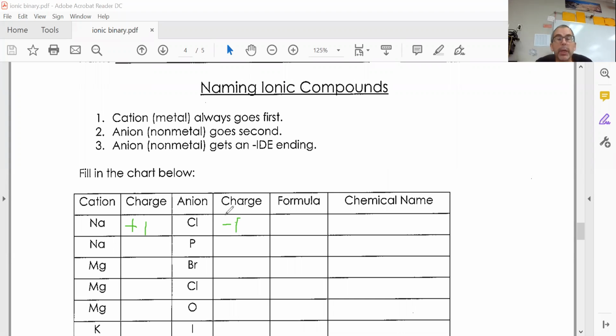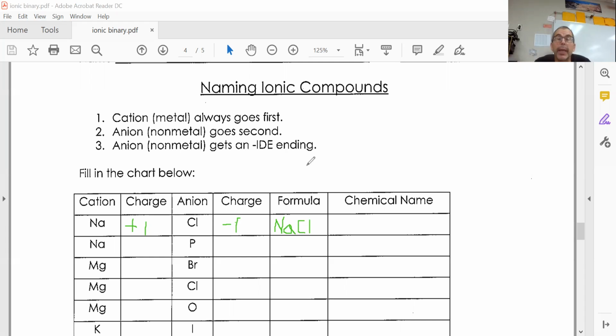Well, if I have a +1 and a -1, that cancels out. So we're going to come up with the simplest ratio here and just call it NaCl, and that would be sodium chloride. A +1 and a -1 balance out exactly, so it is a balanced chemical formula.